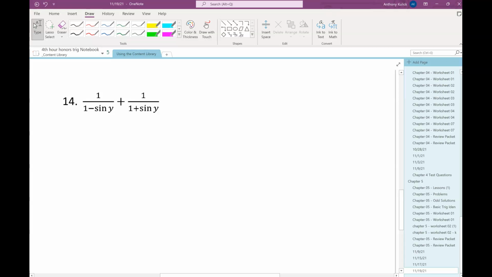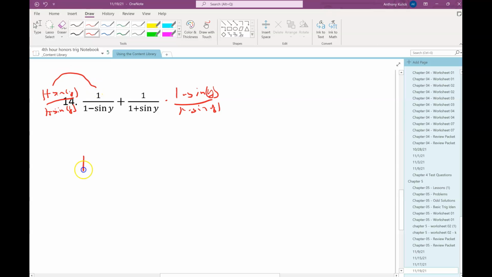So if I look at 1 minus sine y and 1 plus sine y, the common denominator between those two is going to be 1 minus sine y times 1 plus sine y. That would be the least common denominator, since they're both relatively prime, there's nothing that divides both of them evenly. So the first one we'll multiply by 1 plus sine y over 1 plus sine y, and the other one by 1 minus sine y over 1 minus sine y.